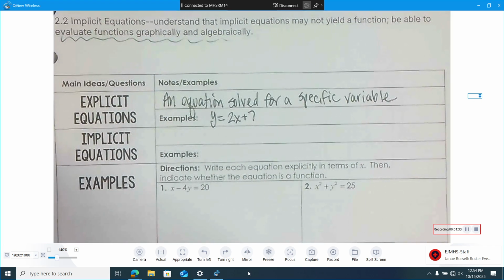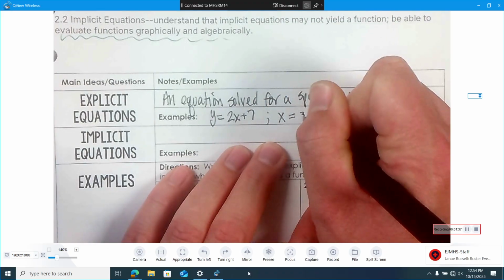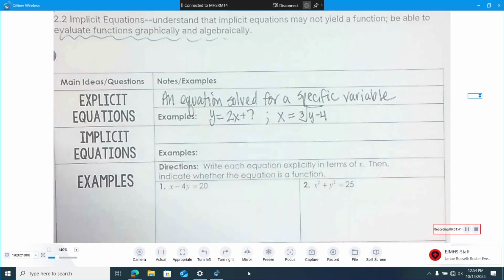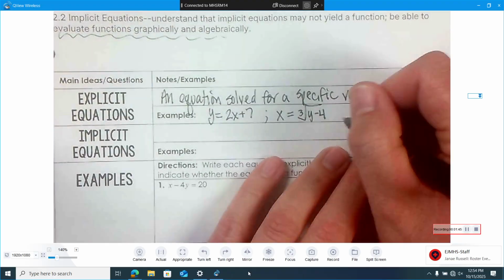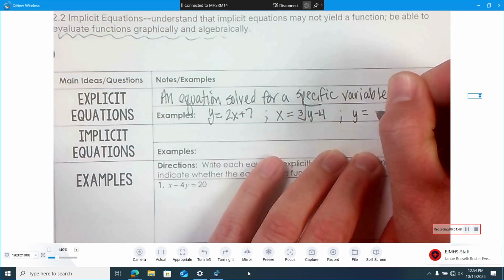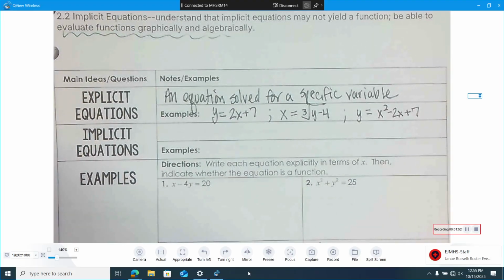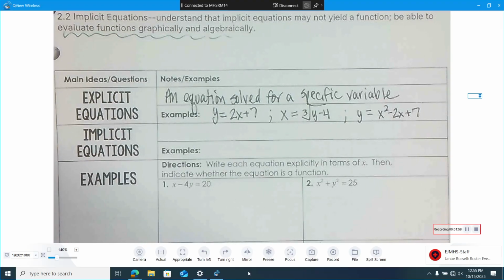The y is by itself. Or maybe x equals the cube root of y minus 4. Again, the x is by itself. Or maybe we have something like y equals x squared minus 2x plus 7. So again, when a variable is isolated all by itself, then it's an explicit equation, okay?